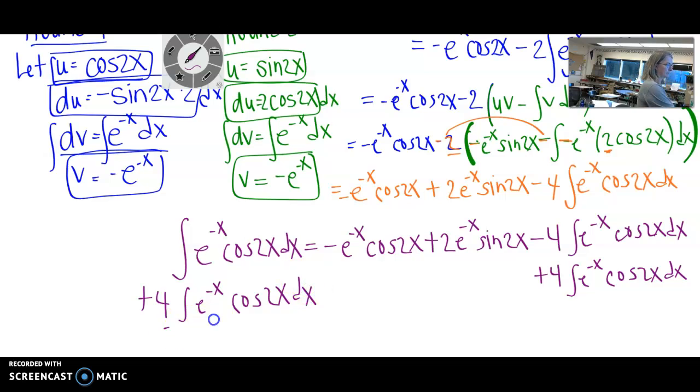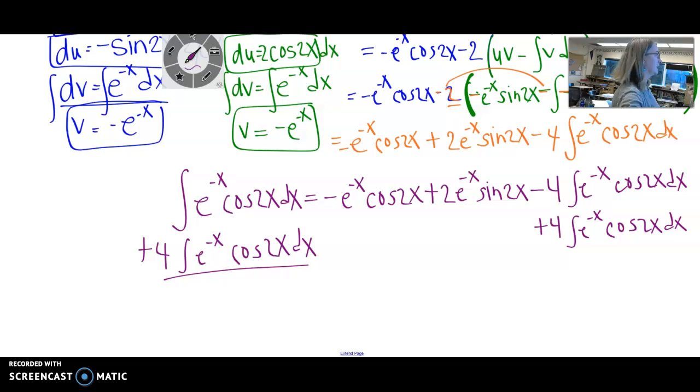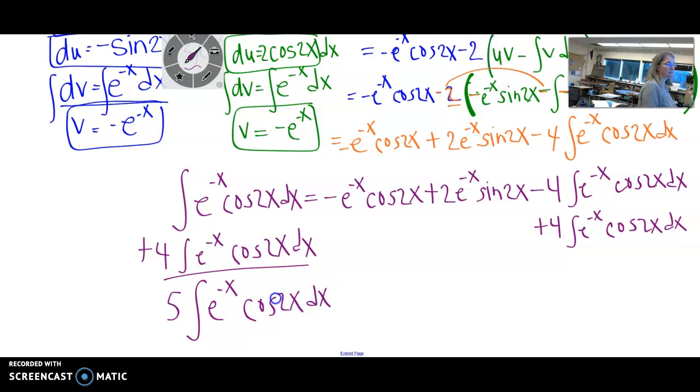we get, on the left side, 5 times the integral of e to the -x cosine of 2x dx. And this is only because this matched exactly to this.